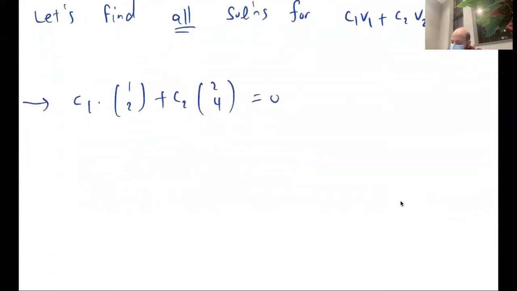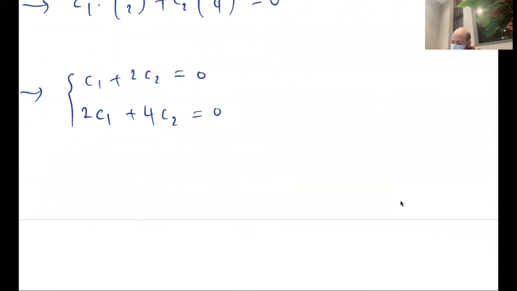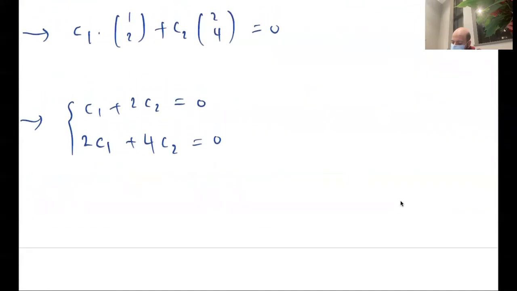And that gives C1 plus 2C2 equals 0, and 2C1 plus 4C2 equals 0. From the first equation, C1 equals minus 2C2.